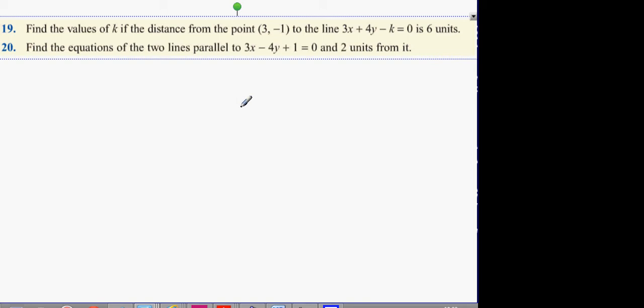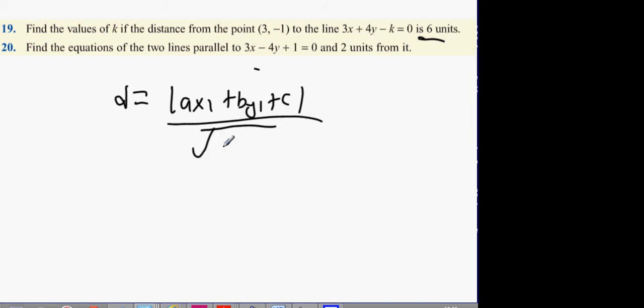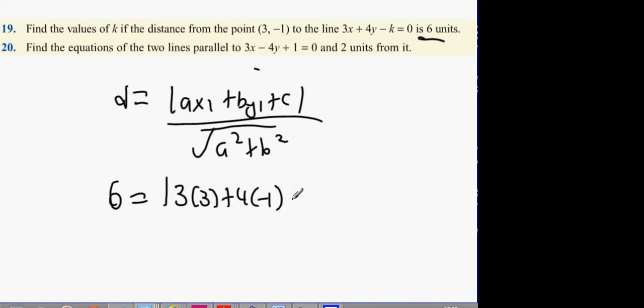Alright guys, find the value of k if the distance from the point (3, -1) is 6 units. D equals ax1 plus by1 plus c all over the square root of a squared plus b squared. D is 6, a is 3, so it's going to be 3 times 3 plus 4 times minus 1 minus k, all divided by the square root of 3 squared plus 4 squared.